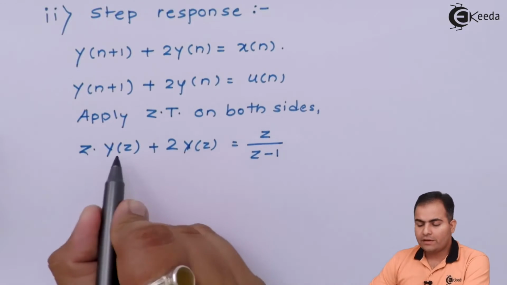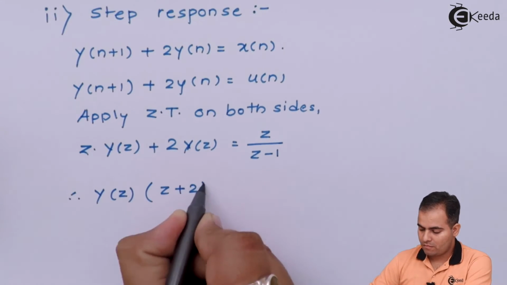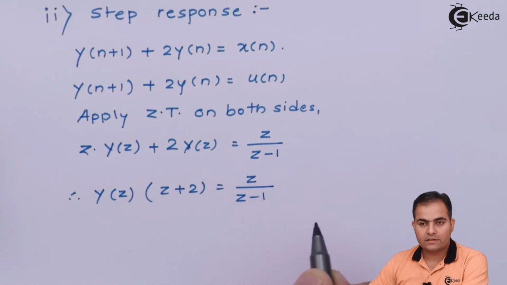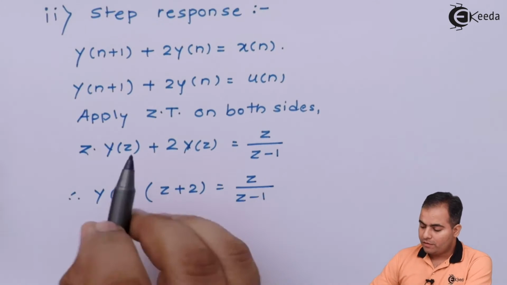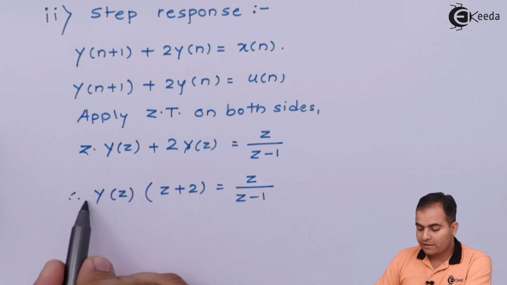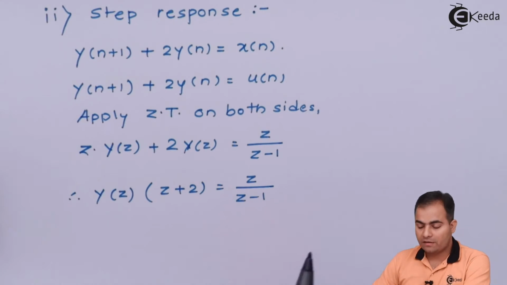Now I'll take Y of z common from the left hand side, and on the right hand side we have z upon z minus 1. Now we want the step response, that is the inverse z transform of Y of z. For that we will shift this z plus 2 to the right hand side.